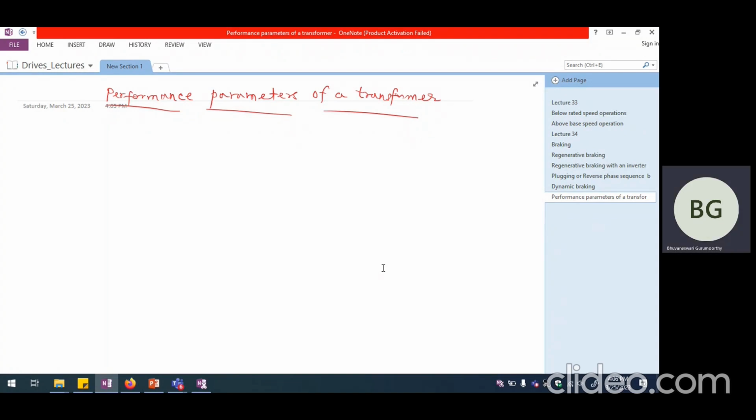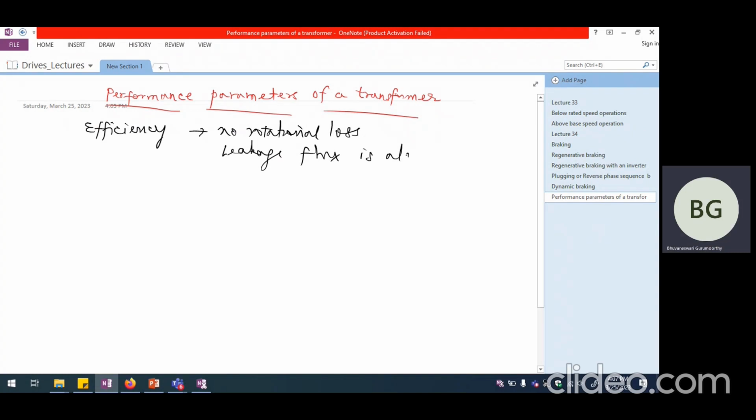So we had looked at the efficiency of a transformer, and we said that the efficiency is generally extremely high for a transformer because there is no rotational loss and there is hardly any leakage. Leakage flux is also very, very minimal.